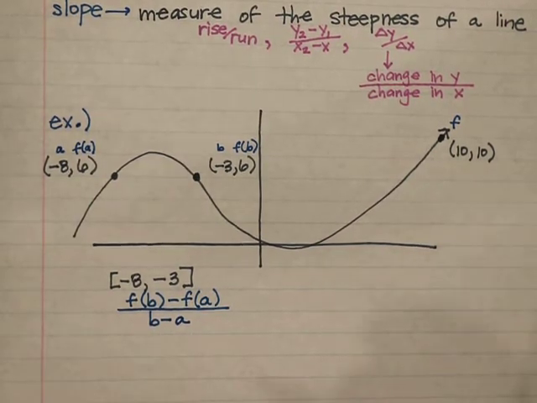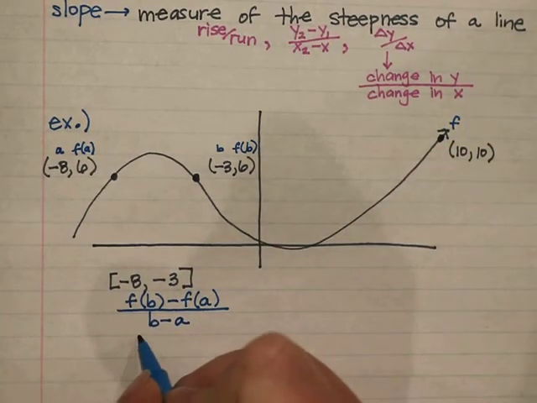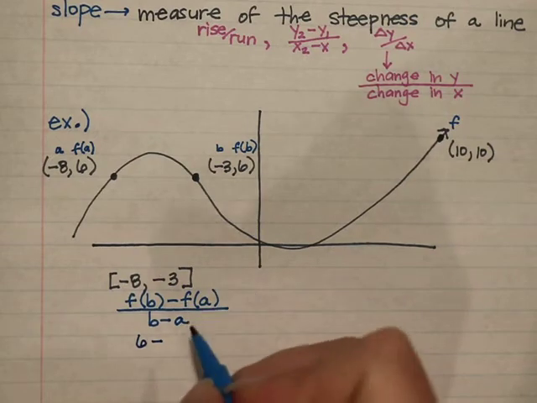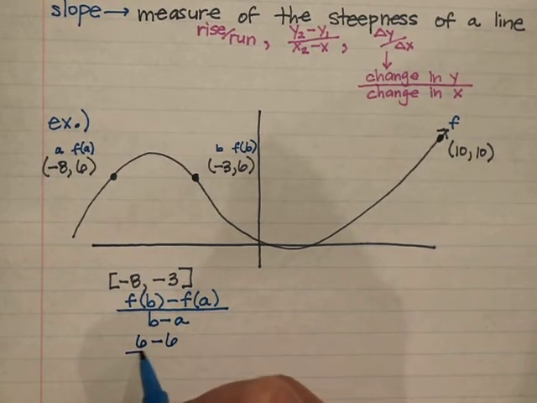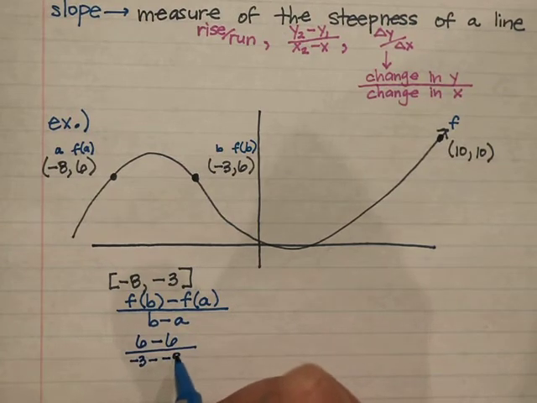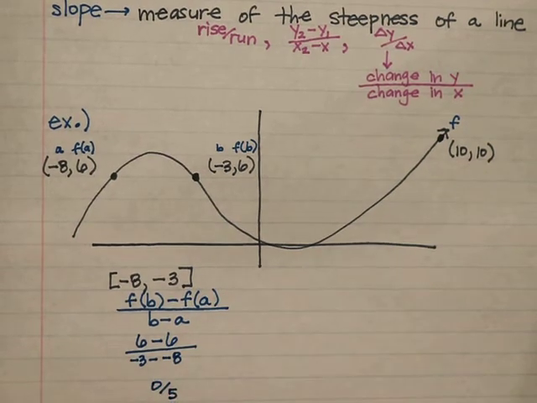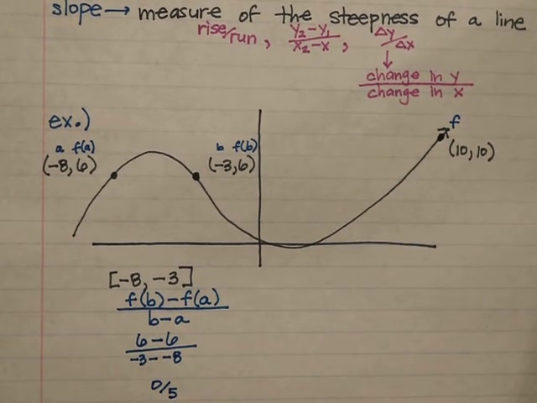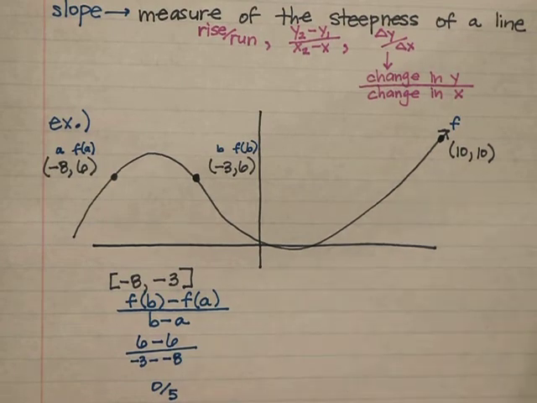Now, f of b, in other words, in the second ordered pair, what is my y value? So I have 6 minus 6, and I picked that for a reason, so stay tuned, over -3 minus -8. And eventually we get 0 over 5. In other words, my y change was 0, my x change was 5. So ultimately, my average rate of change is 0.